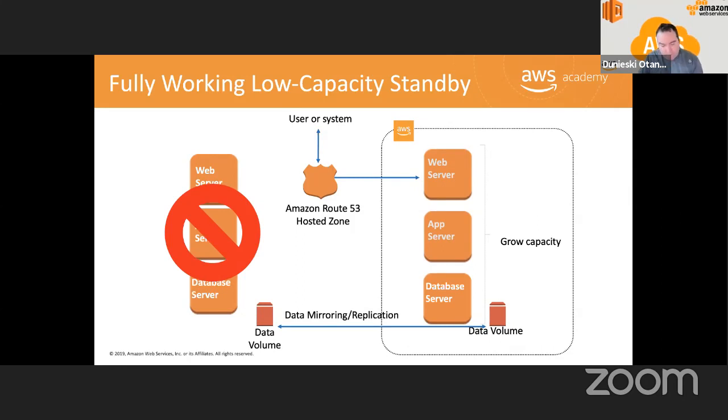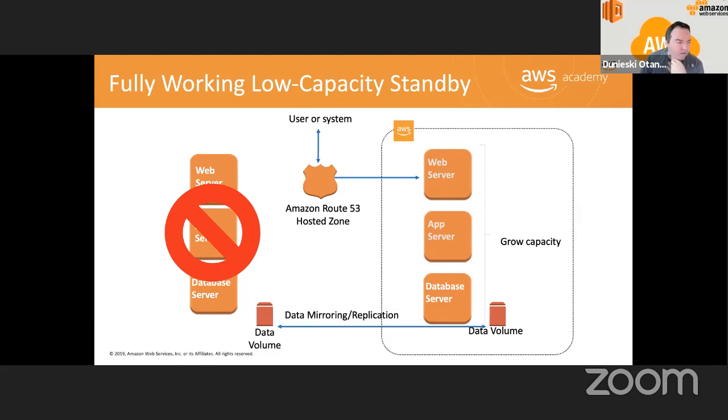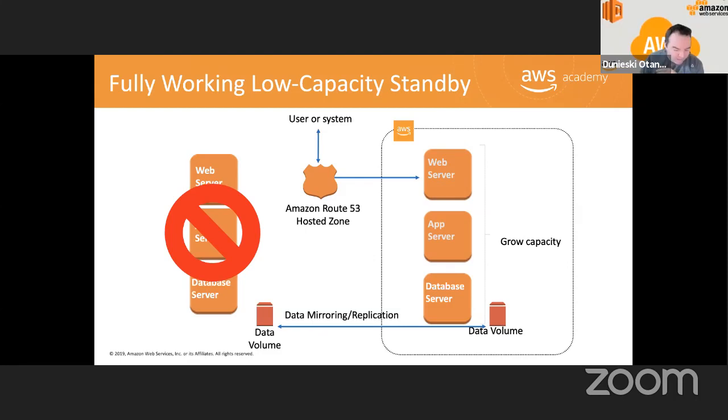Do you guys remember, by any chance, any routing policy of Route 53? No? Yes? I remember it was like low latency. No, not low latency. Geo proximity, geolocation. Right. It's not low latency, it's latency. Latency based routing policy. Okay?